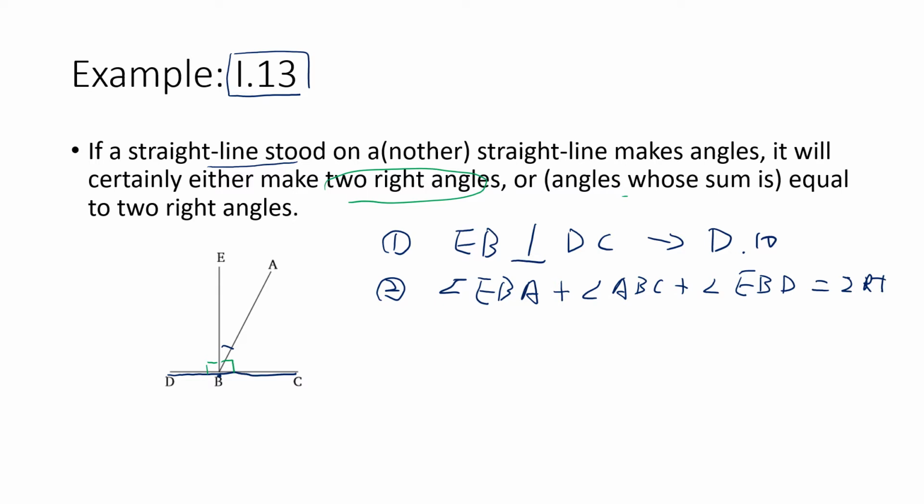This is actually proposition I.11, so you can find it there, I just skipped it. Once you have that, it becomes straightforward, because EBC is a right angle, and EBC can be made up as ABC plus EBA. Then you get this.